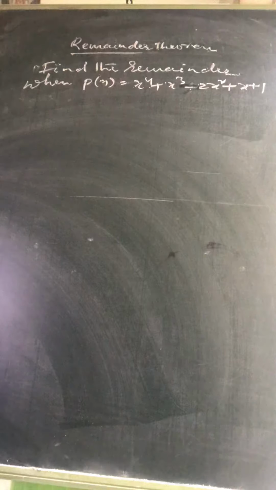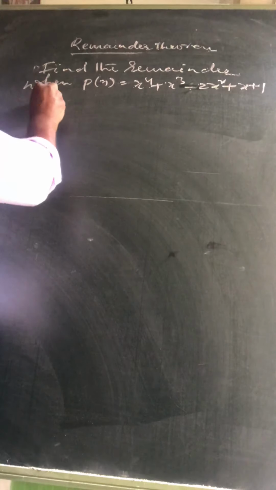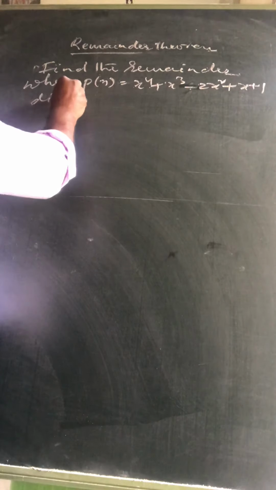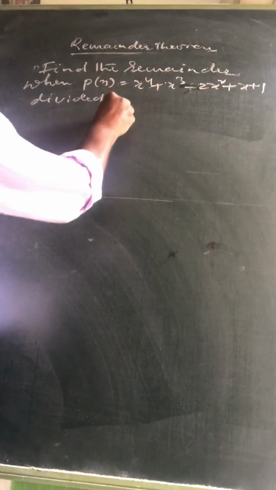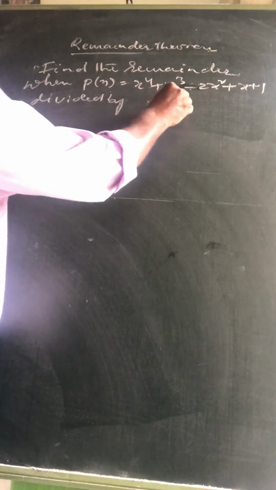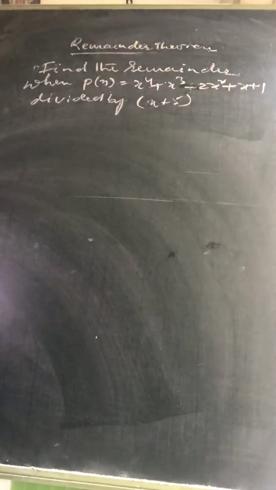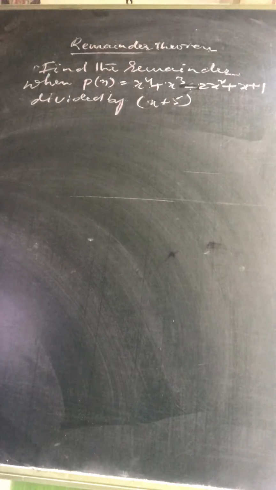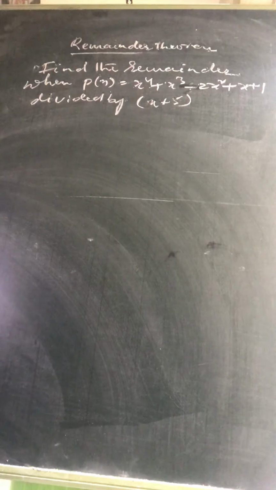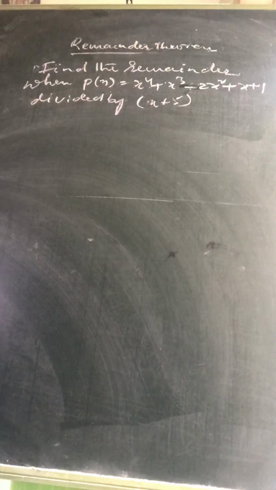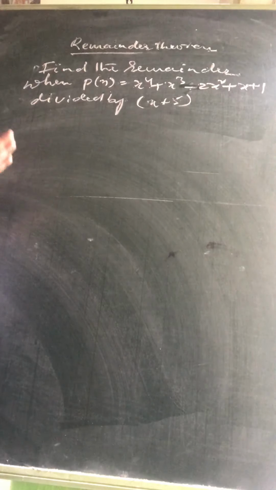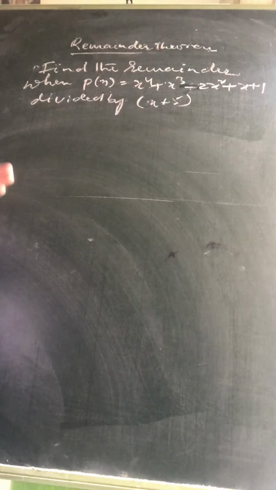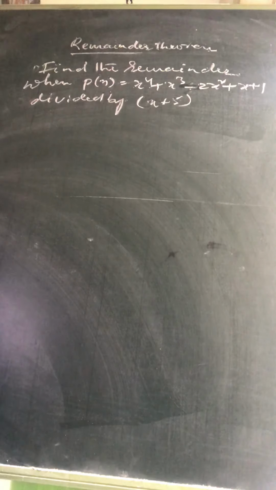Now we can divide this by x plus 5. You can take any linear polynomial. Let us see how much time actual division will take and how much time it takes to find the remainder using the remainder theorem.